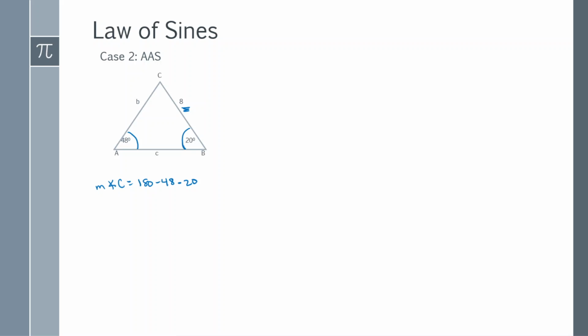So if we do that subtraction, we get 112 degrees. Okay, so now when I set up my ratios, I have 8 over the sine of 48 is equal to B over the sine of 20, and that's C over the sine of 112.